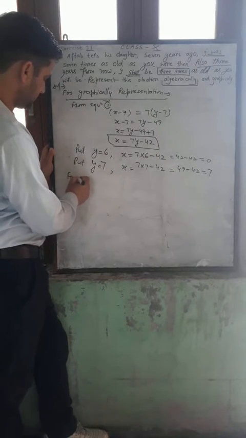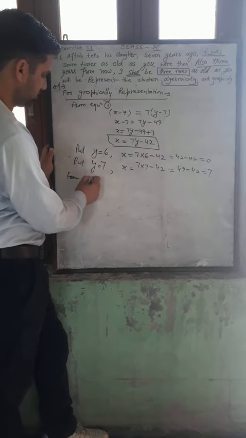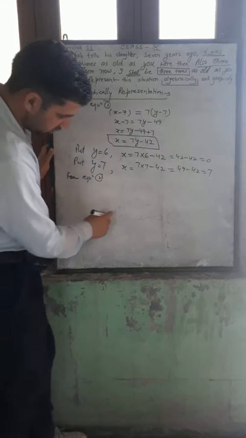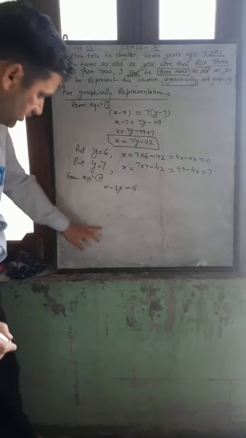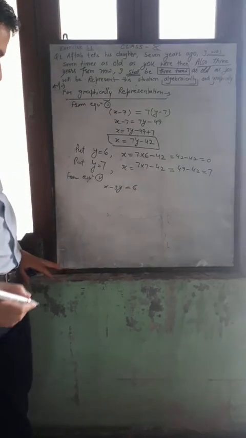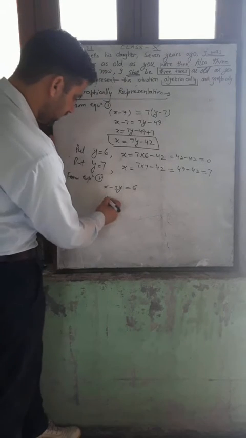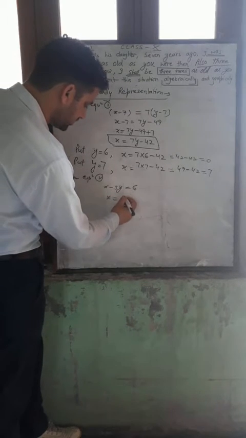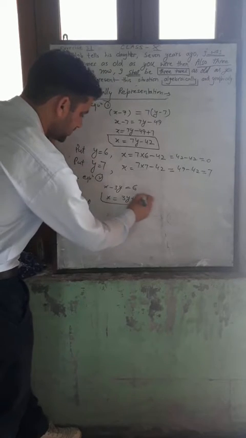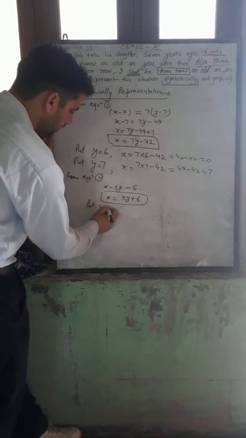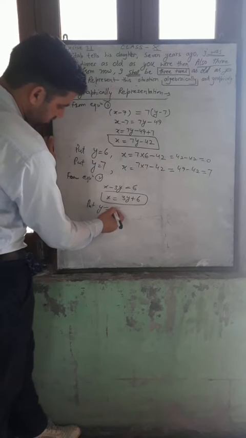Similarly, from the second equation, equation 2, we know equation 2 is this: x minus 3y is equal to 6. So x is equal to 3y plus 6. Now put in this equation y is equal to 0.